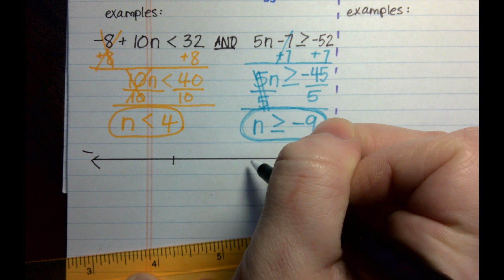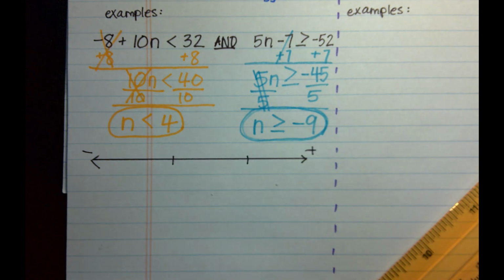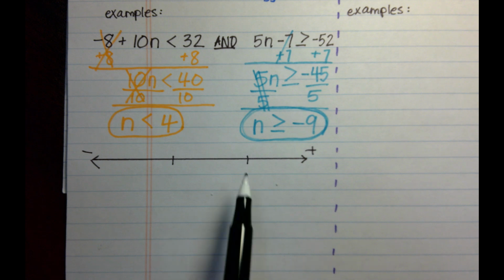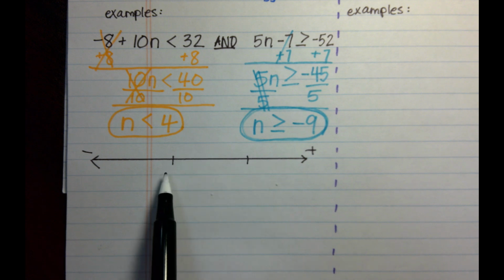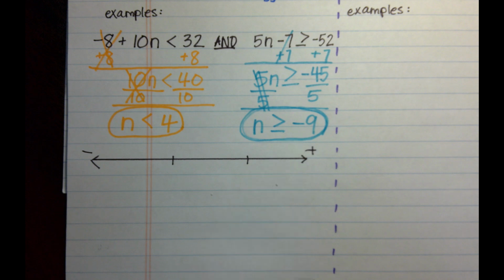Okay, so 1, 2. Now, which number is going to go first on this number line? Positive 4 or negative 9? Negative 9. Good.